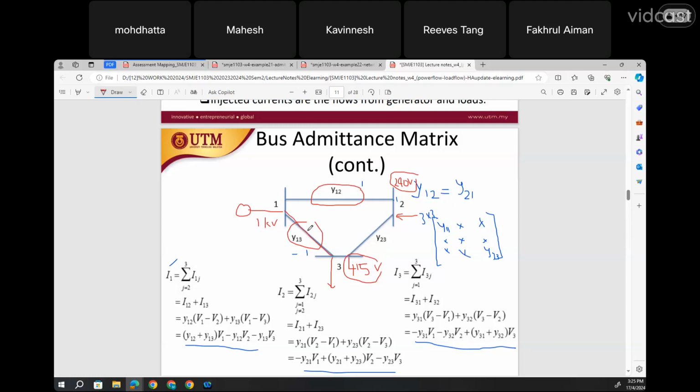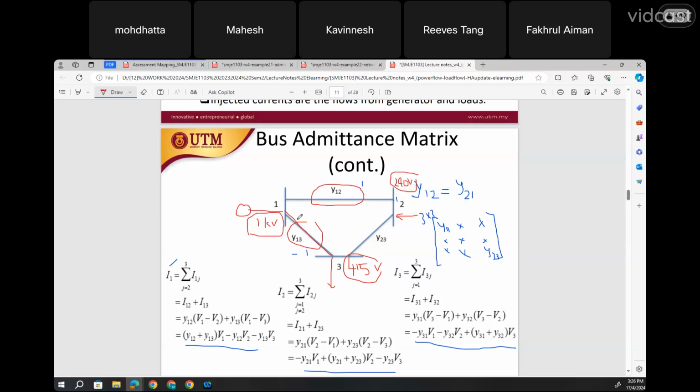The longer the transmission line, the higher the value of the resistance and also the inductance. In other words, the longer the transmission line, the higher the voltage drop. Without any voltage drop, I would expect that when I have 1 kilovolt over here, I will have 415 volts over here, and also 240 volts at bus number 2.